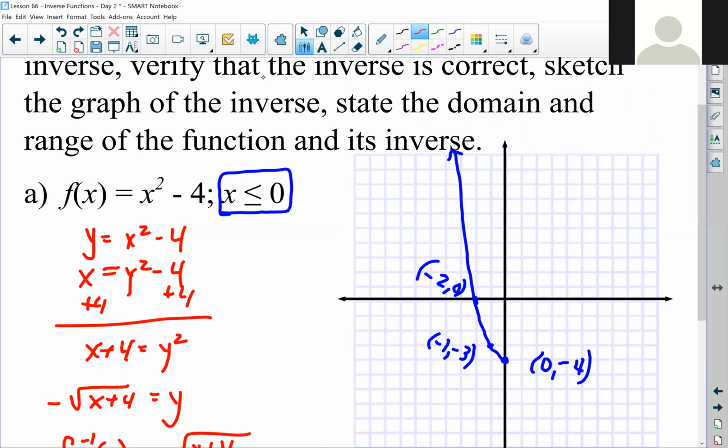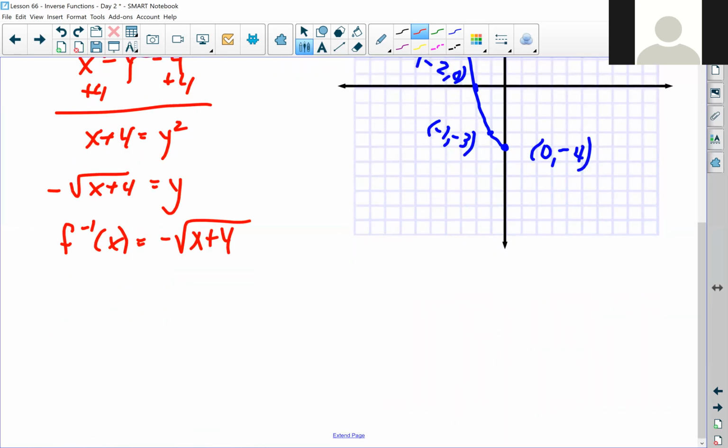Verify that the inverse is correct. So now I'm going to take f composed with f inverse. So I take this and plug it in for x in my original.